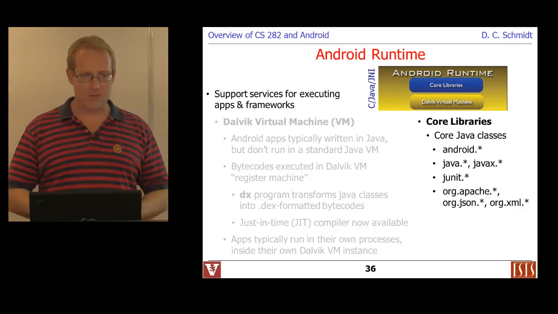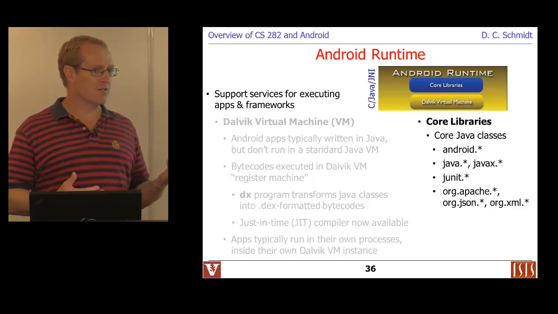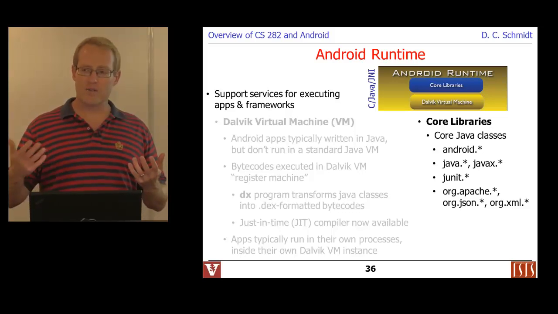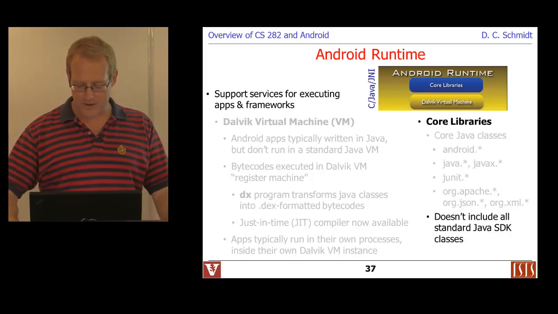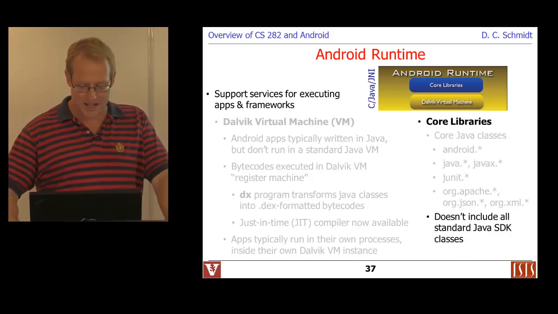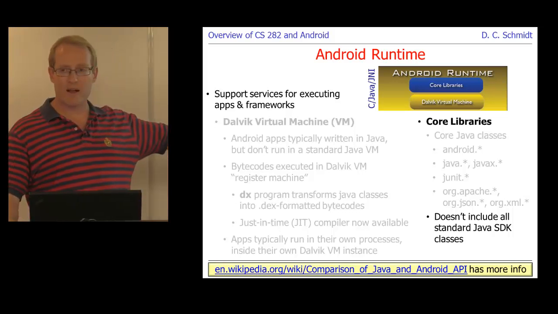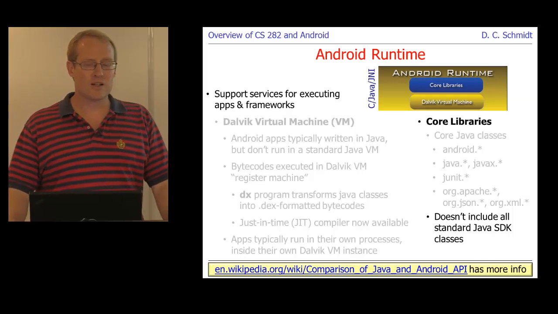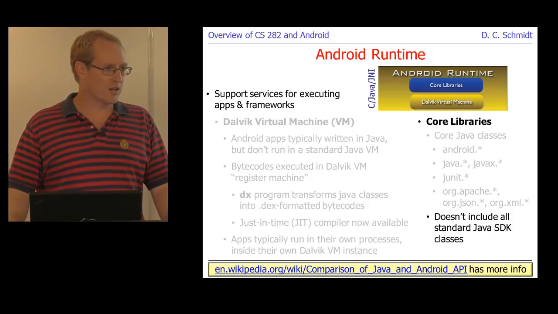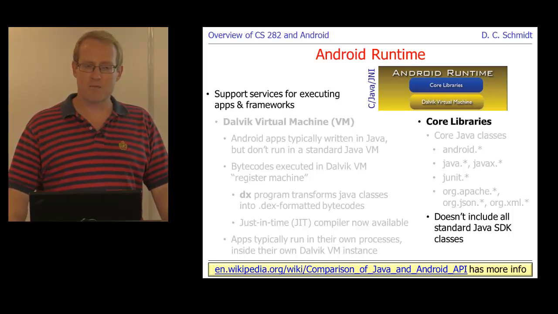You'll get a chance to play around with some of that stuff. You also get other things that are kind of bundled along with this, so various Apache libraries for doing web operations and web service access and so on. But you don't get everything there. And if you want to learn more about this, take a look at this link, and it'll give you a comparison of the normal JVM, Java class libraries and the versions that are in Android.